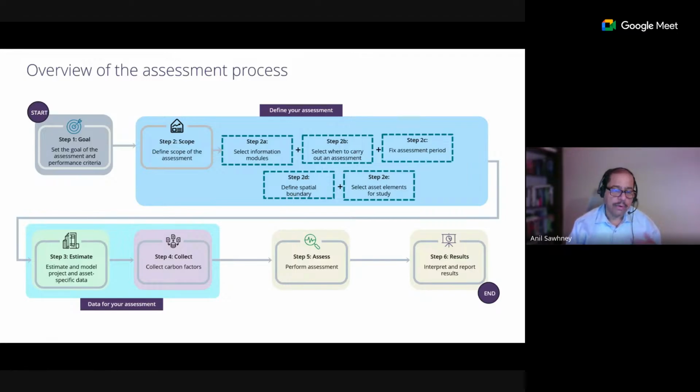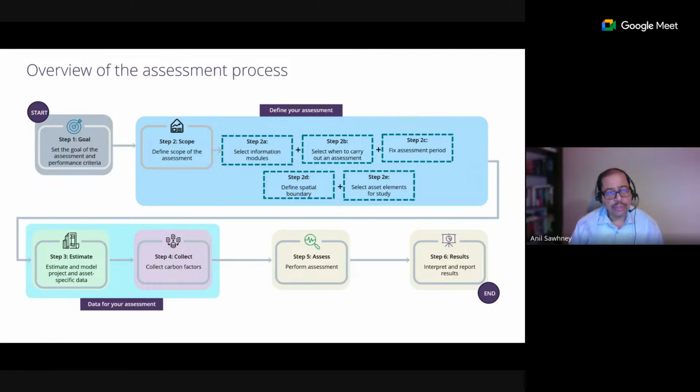So all those carbon factors are needed. How much emissions are there per unit of energy that you use, per unit of water that you use? That is a big exercise. Step 4, collect carbon factors.